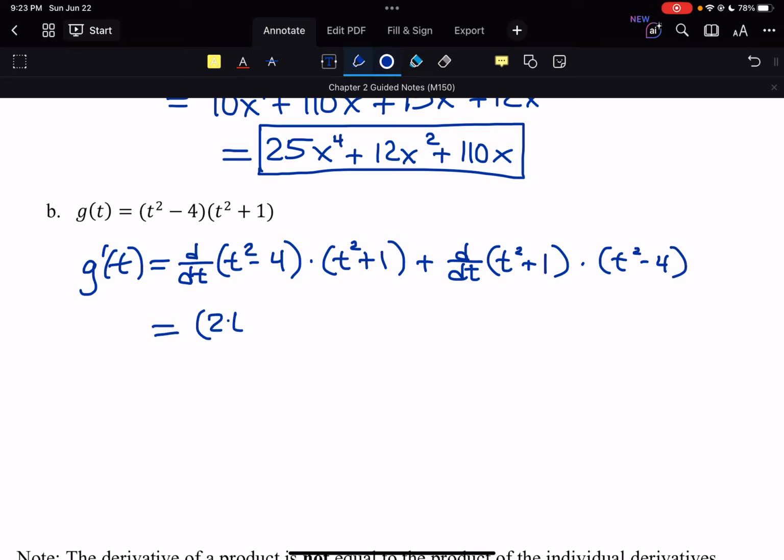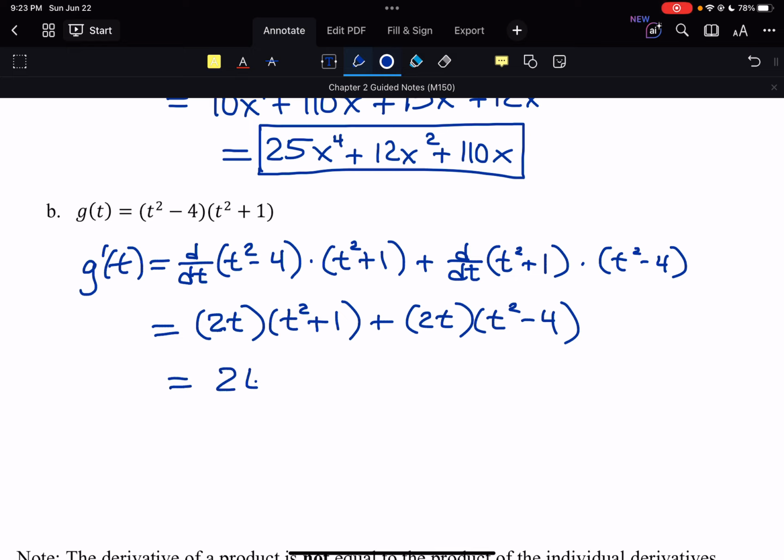So we get 2t minus 0 times t squared plus 1 plus 2t plus 0 times t squared minus 4. We get 2t cubed plus 2t plus 2t cubed minus 8t.